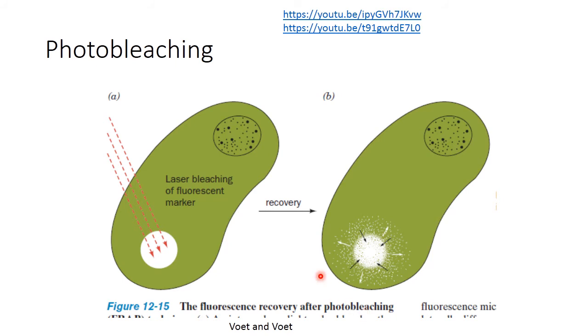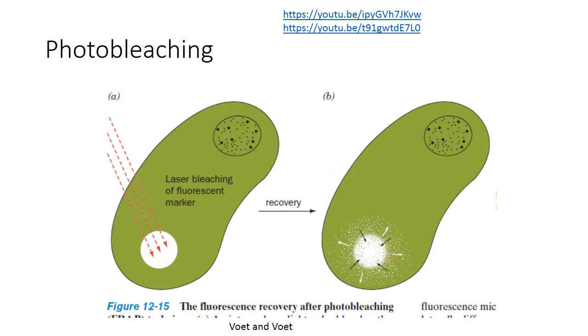So this is an important technique which is based upon fluorescent labeling of molecules, followed by photobleaching, and then the fluorescence is allowed to recover in that given area. If the molecules are highly mobile, then it will take very little time to recover fluorescence in this area. If the molecules of interest are not dynamic, they do not move a lot, then it will take longer time to recover fluorescence intensity in this given area. And if the molecules are immobilized, they cannot move at all, then there will be no recovery of fluorescence in this bleached area.